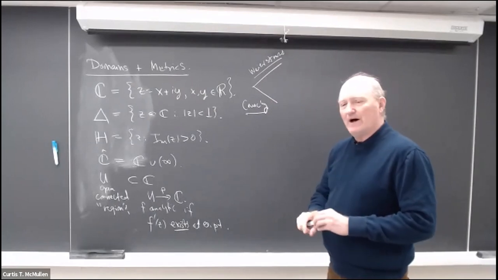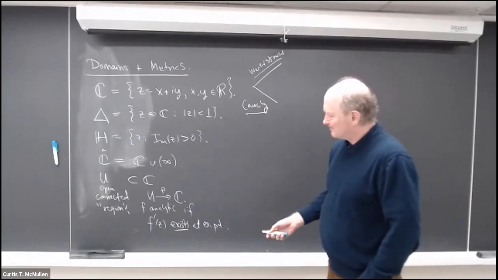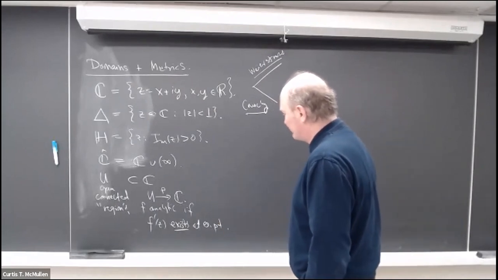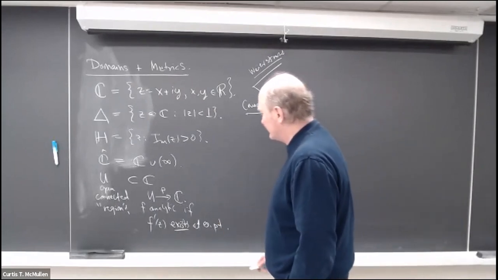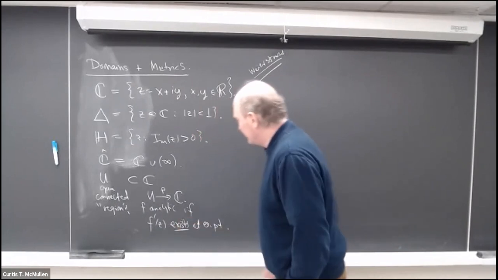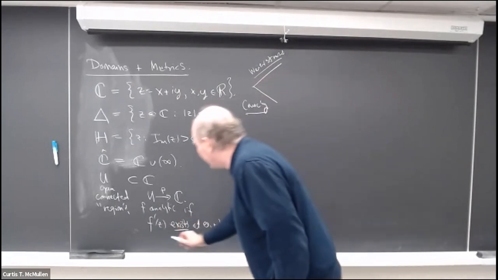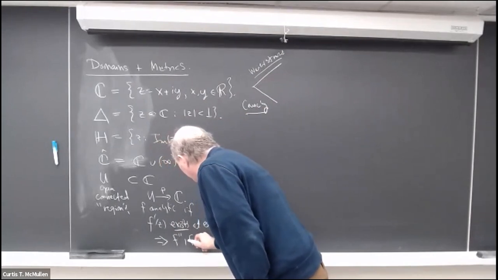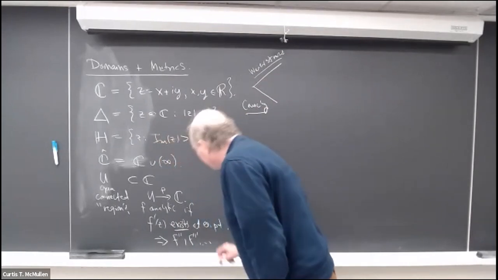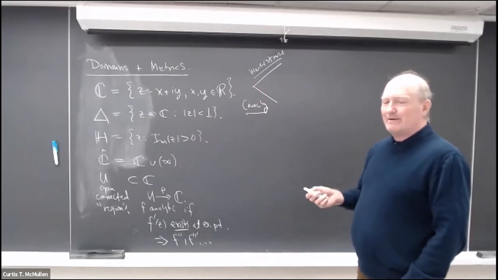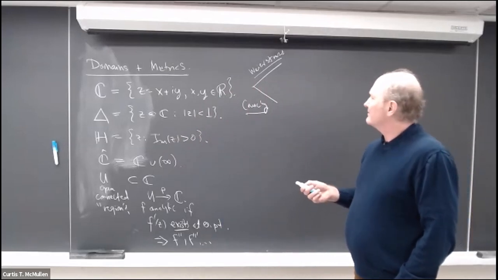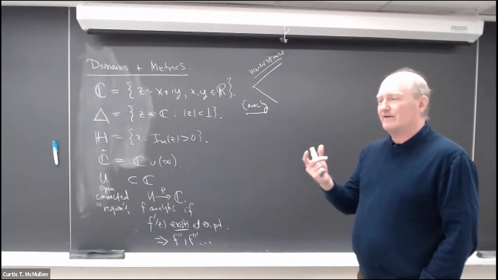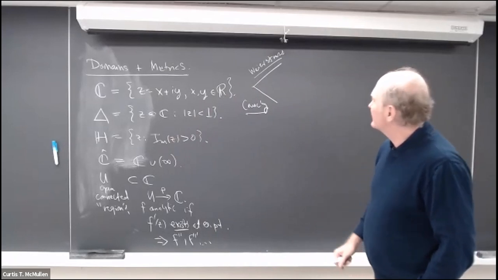So what Weierstrass exploited was the following amazing fact, which we won't prove, but which is proved in any basic course on complex analysis, that once your function has one derivative, it has a second derivative, a third derivative, and so on. And in fact, it can be written as a power series that's uniformly convergent on some disk.